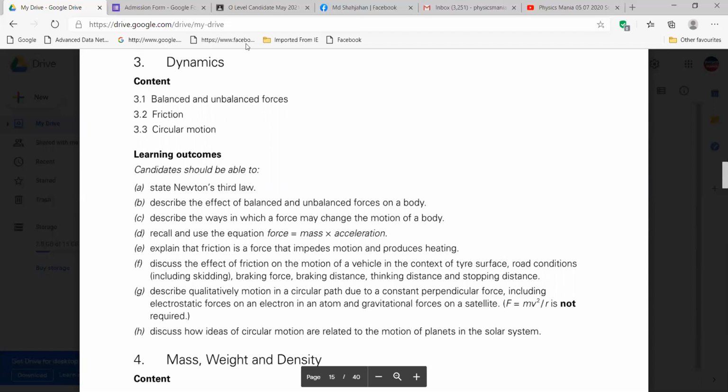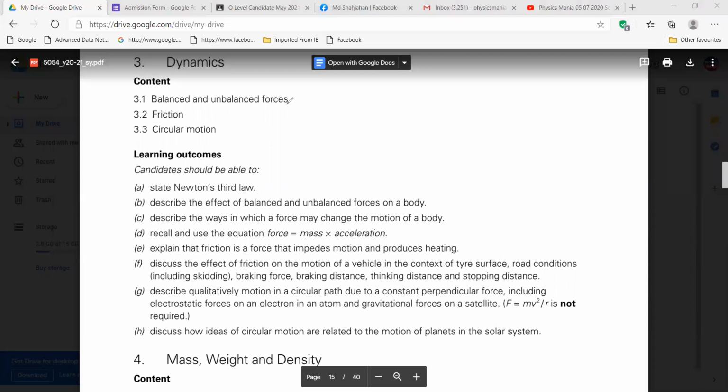Sir, dynamics is about forces mainly. Yeah, you know it. In dynamics we include force, and here we have Newton's laws. We will have Newton's first law, second law, and third law. Here you see balanced and unbalanced forces. For unbalanced force, it is Newton's second law. For balanced forces, it is Newton's first law.